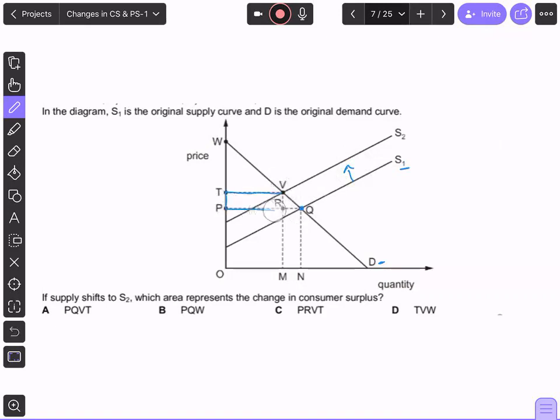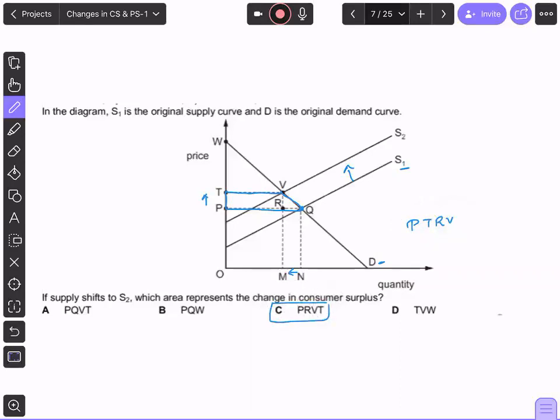This trapezium is the change in the consumer surplus because now the price has gone up to OT and the quantity fell to OM. So this area will be PTRV.